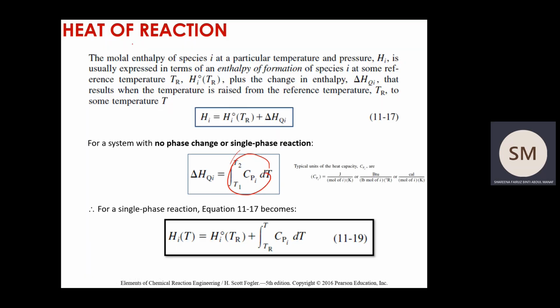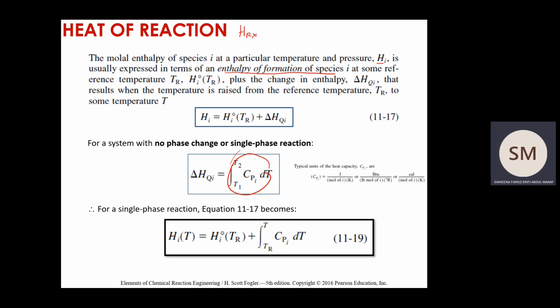Okay, how about heat of reactions, which is H Rx. The molar enthalpy of species i at a particular temperature and pressure, denoted with Hi, is usually expressed in terms of enthalpy of formation of species i at some reference temperature Tr.